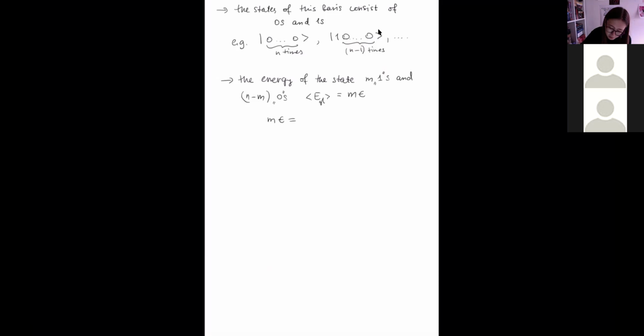Since we know that the global energy has to be Npε, then we can say that m equals Np.